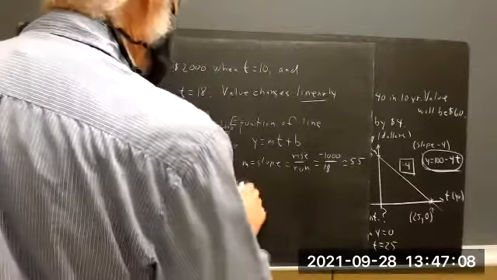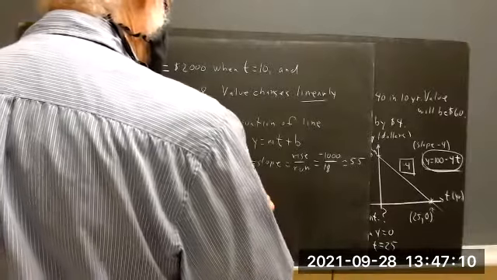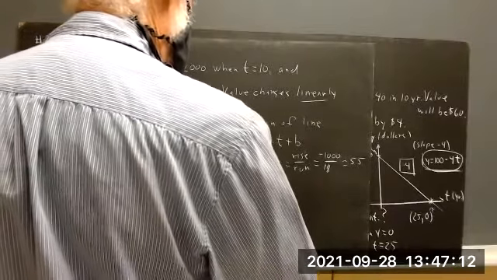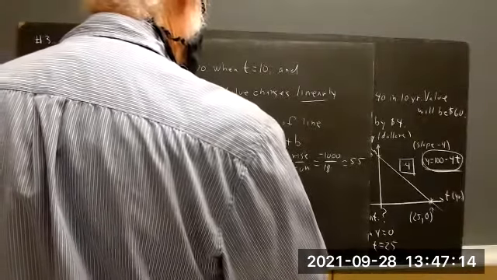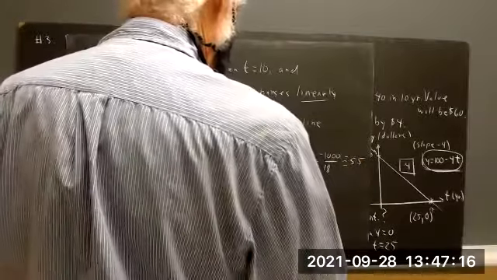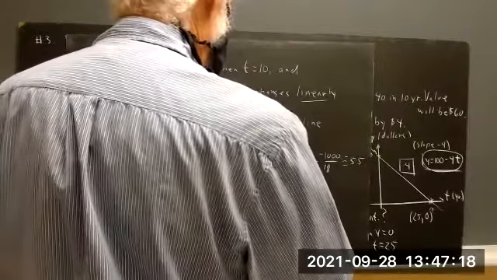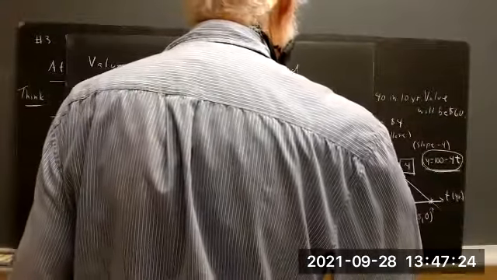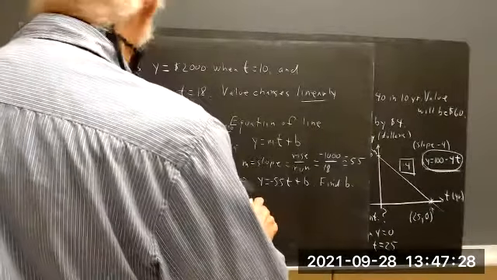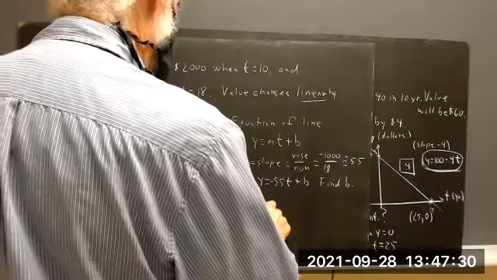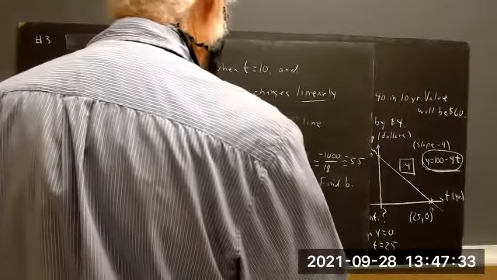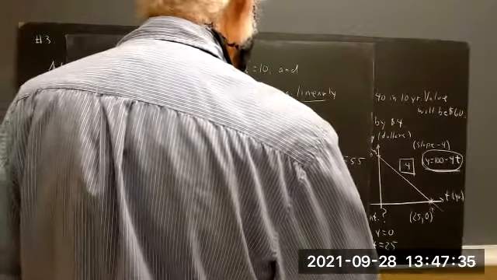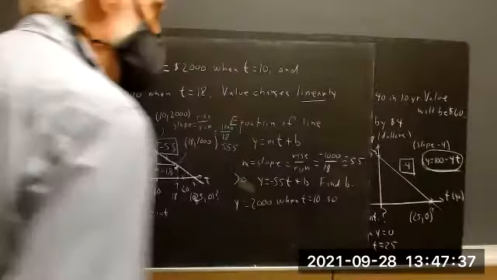Well then, -55 is so big. Line B: Y equals 2000 when T equals 10.